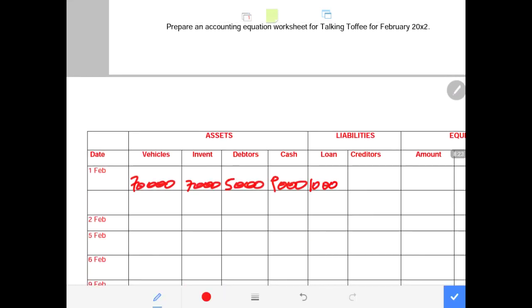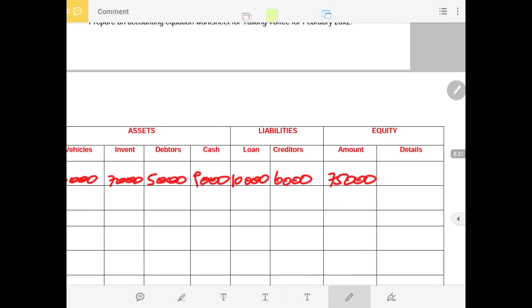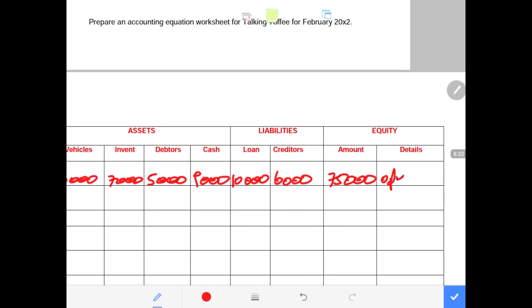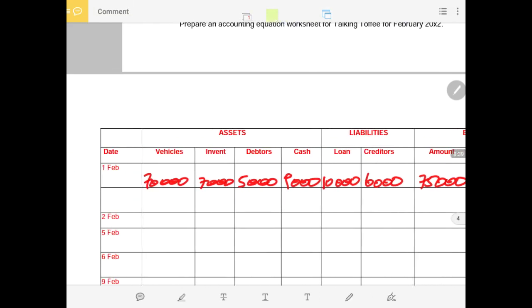Long-term loan 10,000, trade payable 6,000, then owner's equity 75,000. The explanation is opening balances. So now opening balances have been recorded.